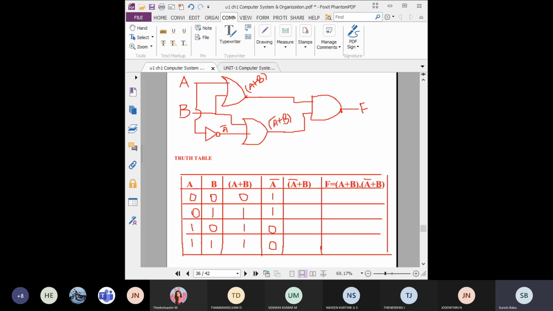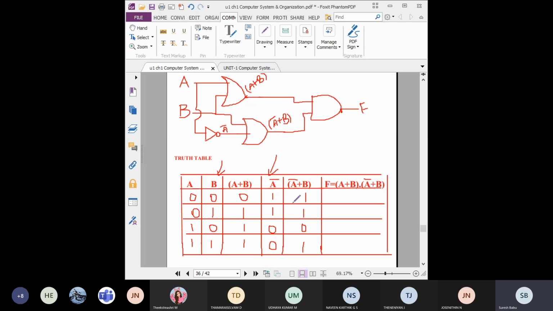A bar plus B. So now you have to take A bar as the first input and B, and you have to find A bar plus B. Tell me. 1101. Very good. So this is our OR gate.